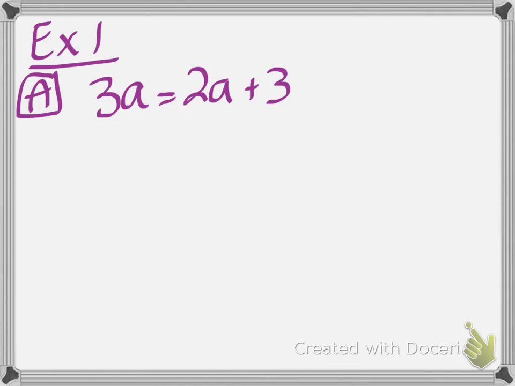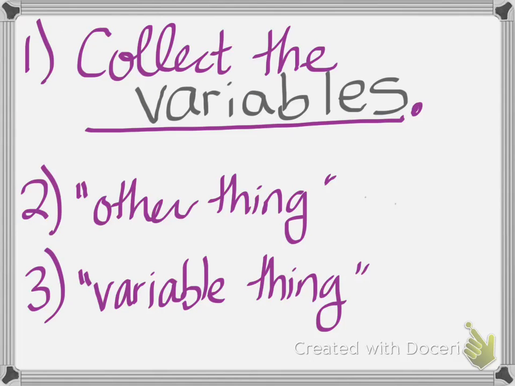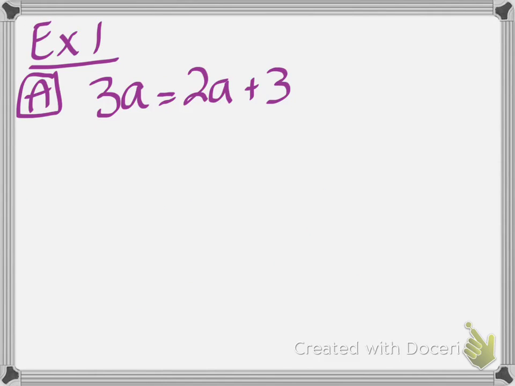Here's our first example, example 1a. 3a equals 2a plus 3. According to our steps, we need to collect the variables. I have a 3a and I have a 2a. Those are like terms, but they're separated by that equal sign.